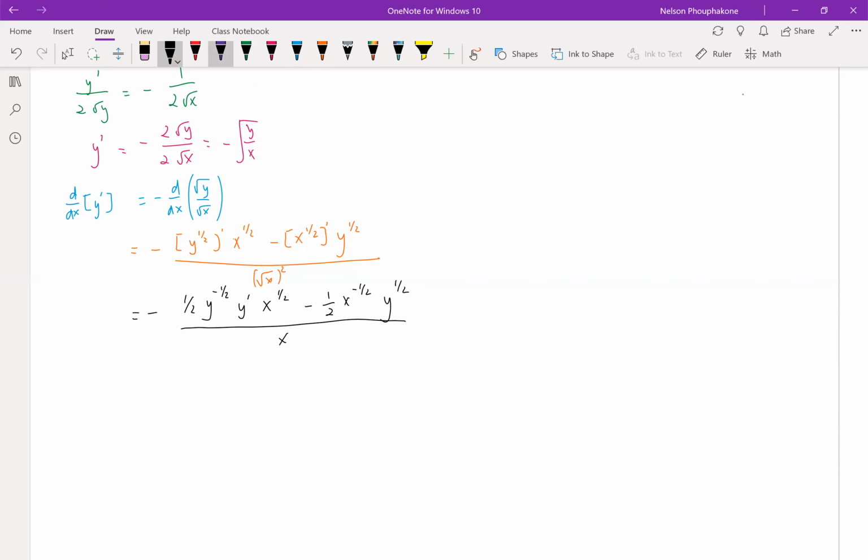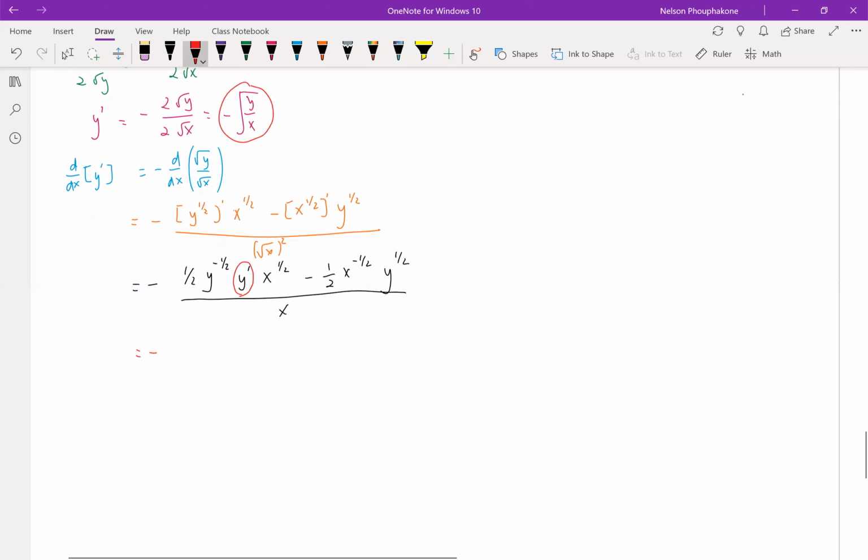And now the question is, what is this y prime? So I'm going to have negative 1/2. Now this one right here, maybe let me write it like this.